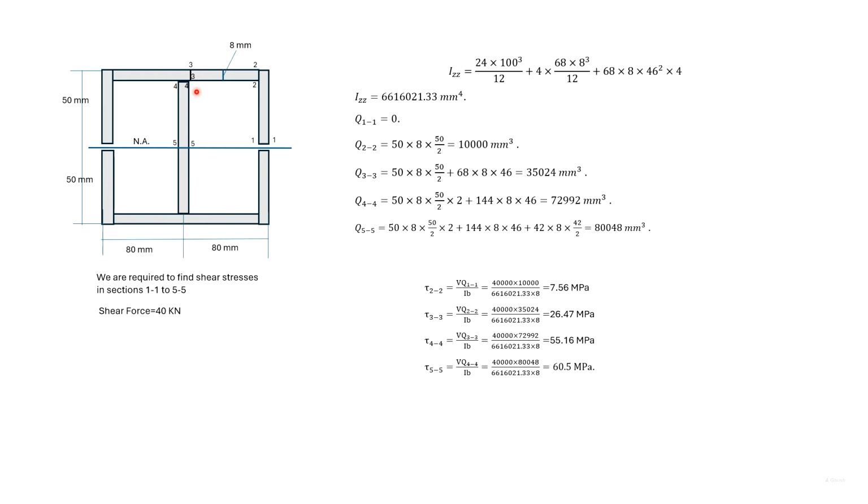The length between 4-4 and 5-5 is 50 minus 8, that is 42. Having obtained the Q for all the 5 cases, we can find out the stresses. The thickness is 8 millimeter for all the cases.